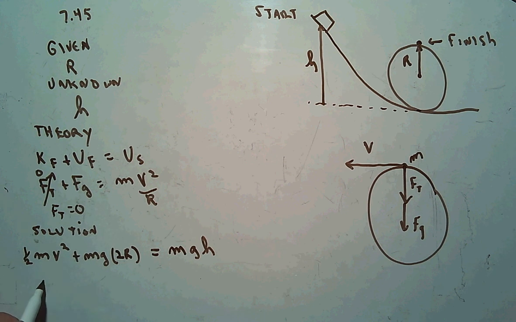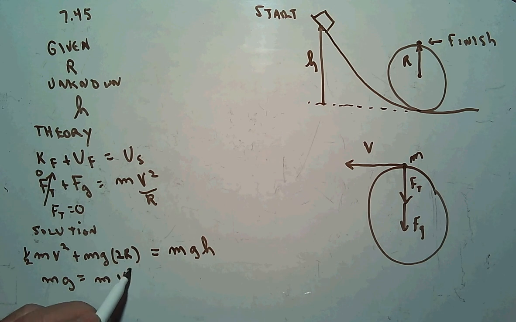Here's mg equals mv squared over r. So we could solve for v squared here, and we can see that v squared equals g times r, and that we can put into our conservation of energy equation.